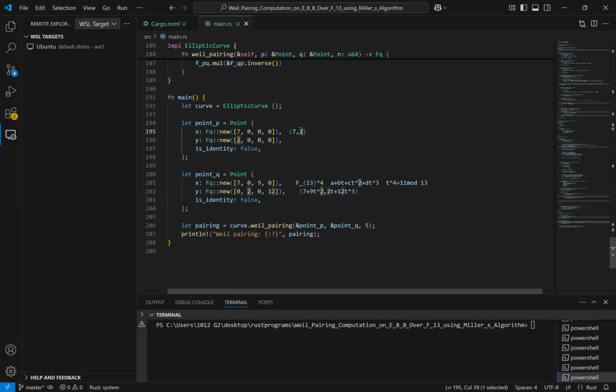Now we go to the y coordinate. The constant is 2, bt is 0, ct square is 0, and so on. So that's just reminding you how you feed in your values.